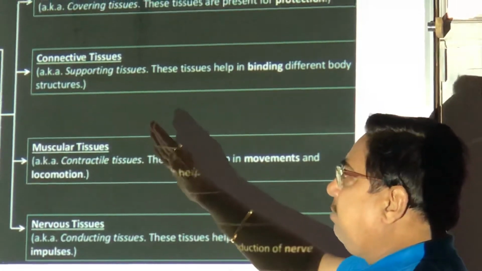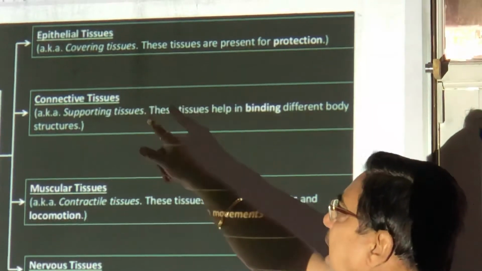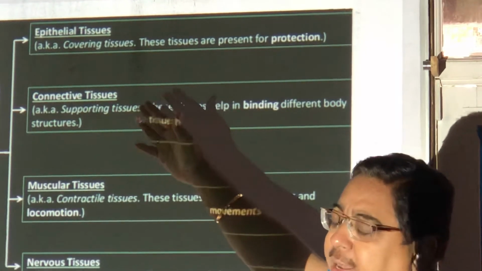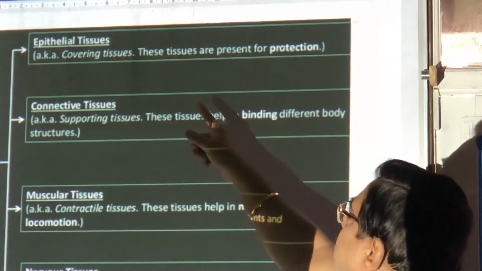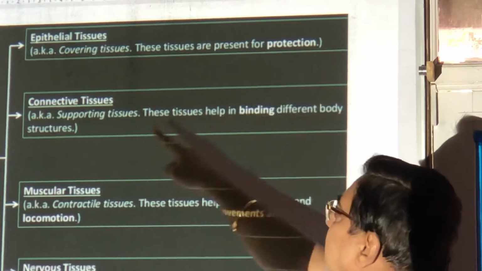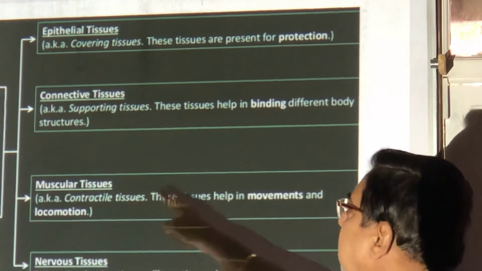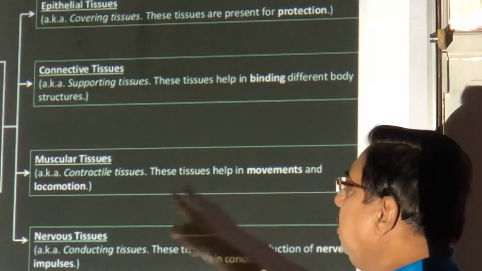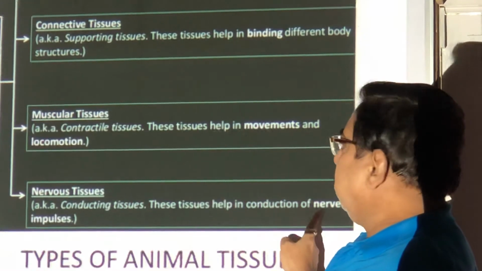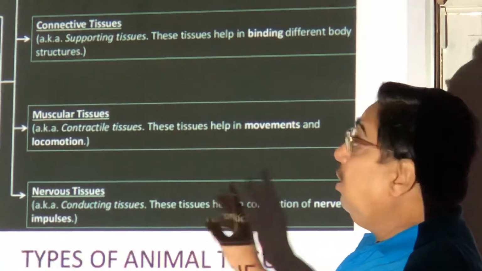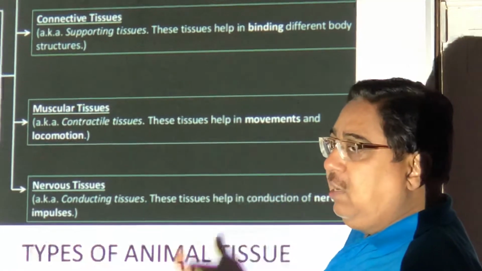Don't write plant material. Epithelium is covering tissue, they protect. Connective are supporting tissues, they bind. Muscles are contractile tissues, for movement and locomotion. Nervous tissue is conducting tissue, for conduction of nerve impulses. Very brief. We are going into details.